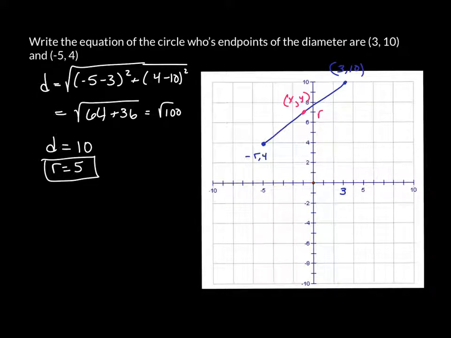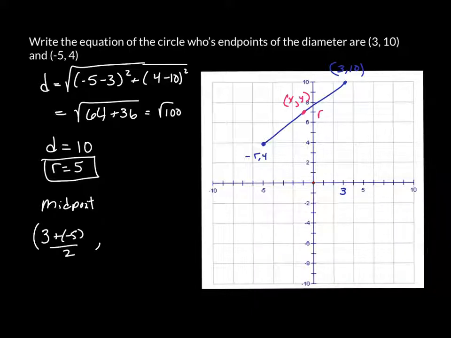All right, so the next thing we have to find is that x, y value. What is the coordinate of the center? What we need to do with that is use the midpoint formula. To find the midpoint of any line segment, I add the x values together, so that gives me 3 plus negative 5 divided by 2.